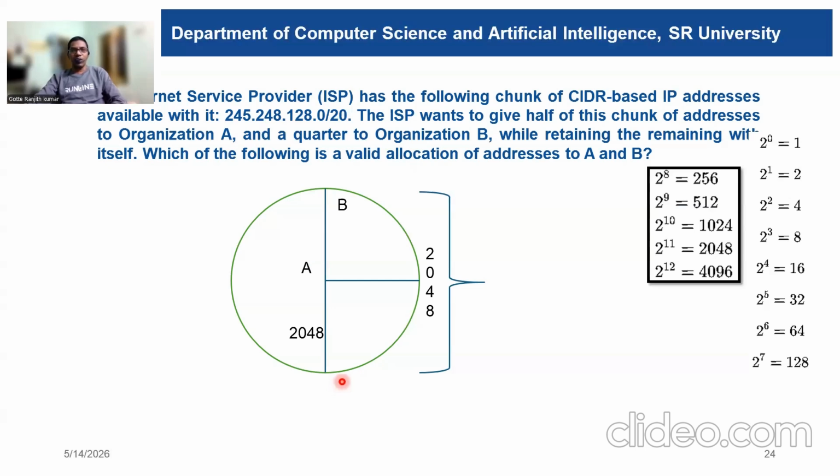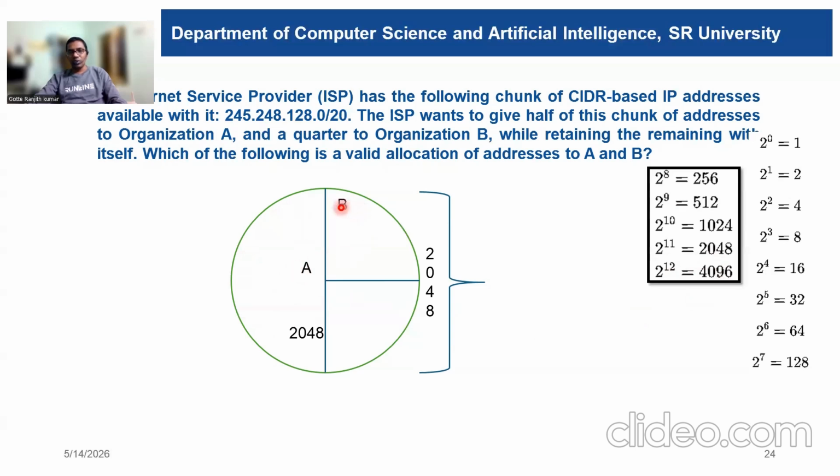Every time when we are dividing, we take some bits, so that should be represented as 2 power something, maybe 2 power 1 or 2 power 2 or 3, 4, 5, 6 like that. So now 2048 systems are possible in organization A, but how many bits are used to represent 2048? We should convert into 2 power something. Here I already gave 2048 means 2 power 11 is 2048. So that means this side 11 bits are used to represent the host address on this organization A side.